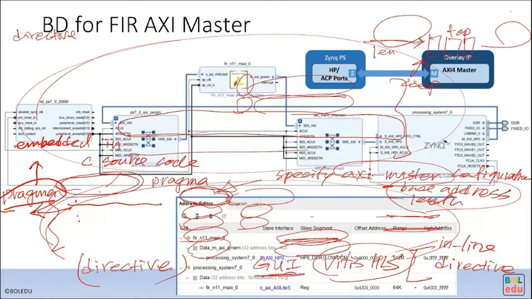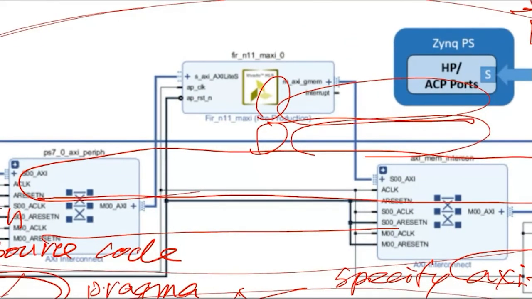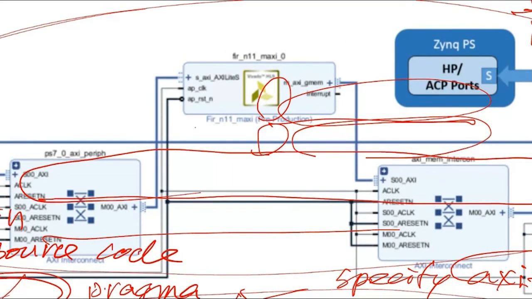Okay, let's look at here. FIR AXI master. Okay, so this one is our kernel IP. We have an AXI lite and we have the AXI master.